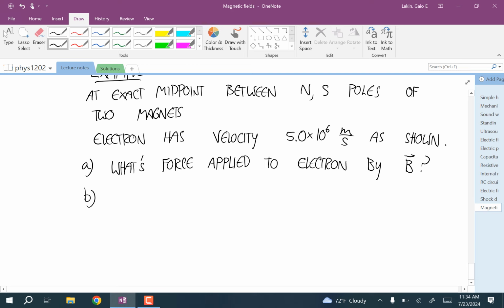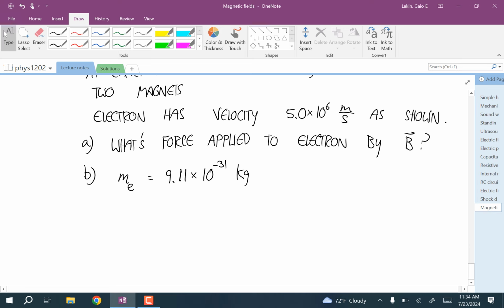And then second, given that the mass of an electron is 9.11 times 10 to the minus 31 kilograms, pretty small, what's the acceleration of the electron due to this force?